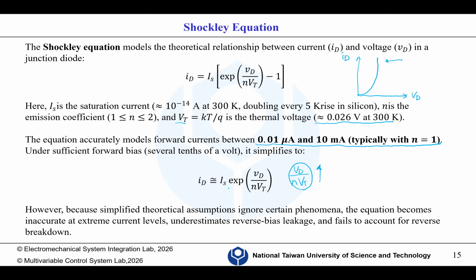Because it's exponential, it will be way larger than 1, so we can ignore this minus 1. So the relationship between the current and voltage of a diode can be approximated by this equation.